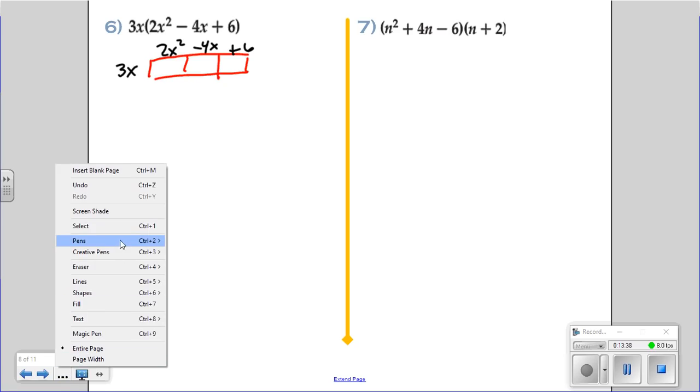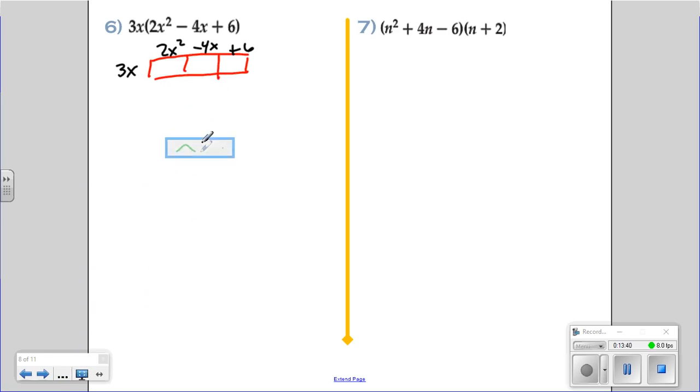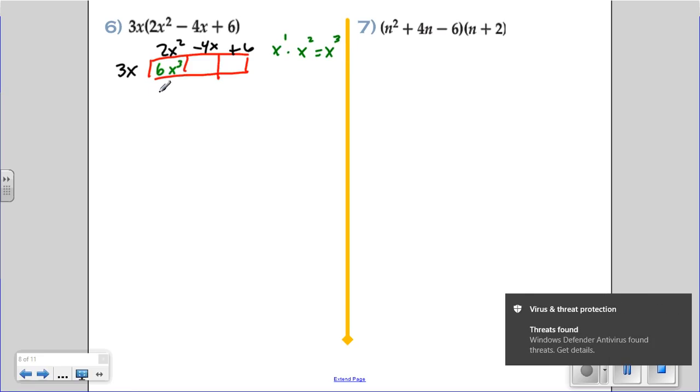Okay? So 3 times 2 is 6. X times x squared is x cubed. Why? Because x has a power of 1 times x to the power of 2, and we just did our exponent rules, means you add the exponents. So it's x to the third.